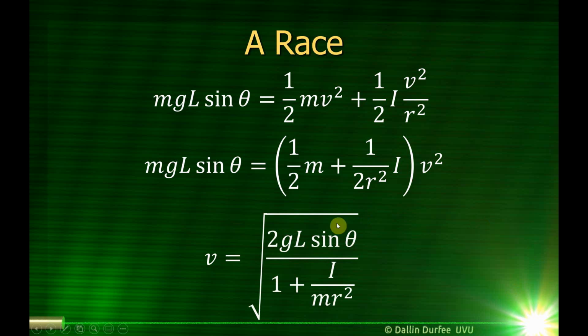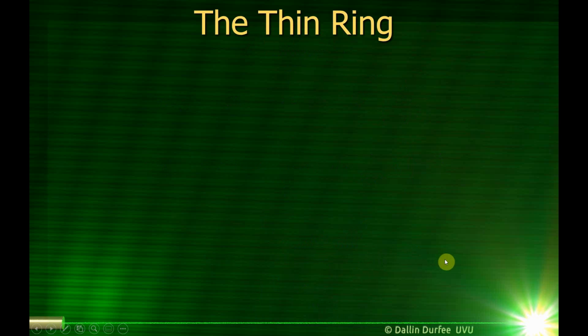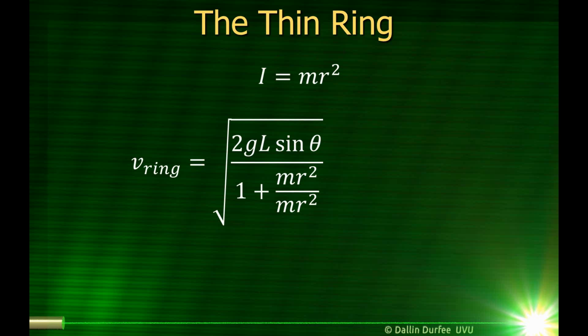So now I just need to plug in the moment of inertia for each of these different shapes. So for the thin ring, the moment of inertia is just mr squared. I plug that into the equation, and the mr squared cancels with the mr squared, and we get the square root of g L sine theta. So remember, for a block sliding without friction, the velocity we would have gotten is the square root of 2 g L sine theta.